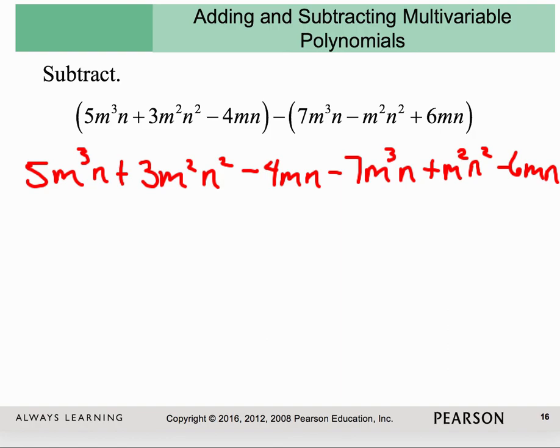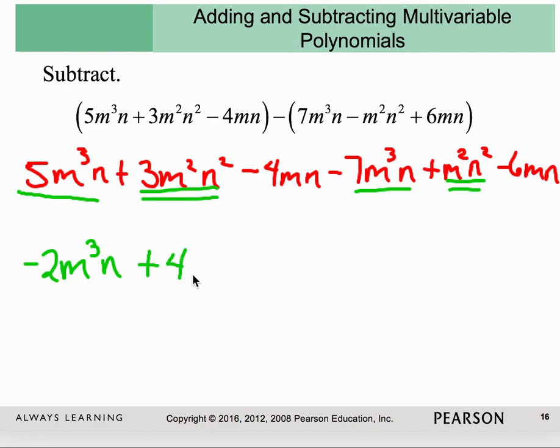Now remember, all variables and all exponents have to be the same. So I'm looking for an m cubed n. Oh, here's one. Okay, 5 minus 7 minus 2 m cubed n. Okay, now it's got to be m squared n squared. Oh, here's one. 3 plus 1 is 4.